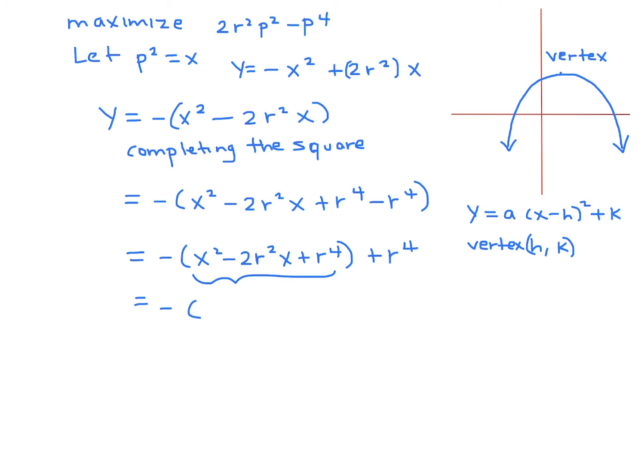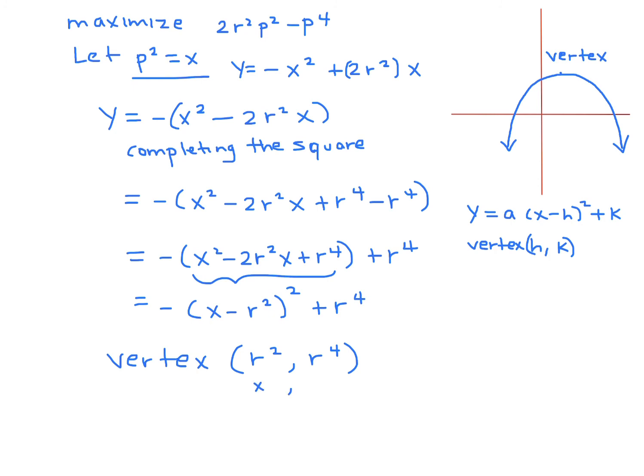And then, of course, this now factors. It becomes x minus r squared, like that, all squared. And there you go. We've got it in this form. And now we can identify the vertex. The vertex, therefore, is (r squared, r to the power of 4). Okay? Now, we know that we had let p squared equal x, correct?